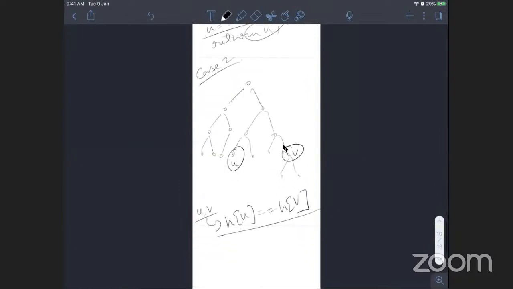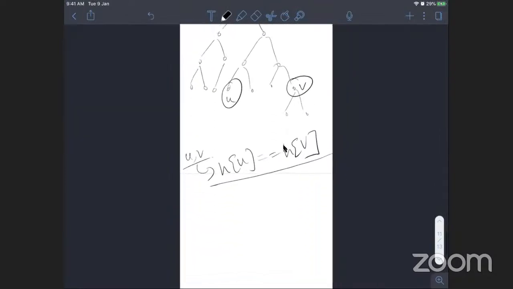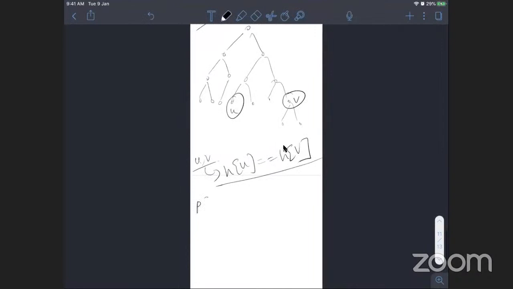How? Intuitively think about this. Will PU of 10 be the same as PV of 10 in this above tree? Will they be the same? Yes, Anurag answered. Correct.